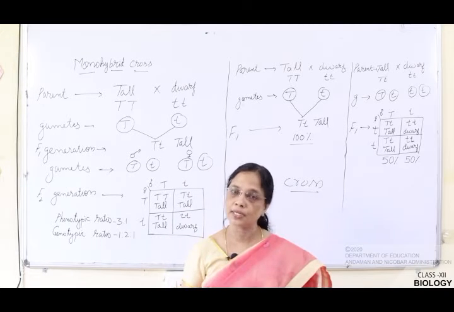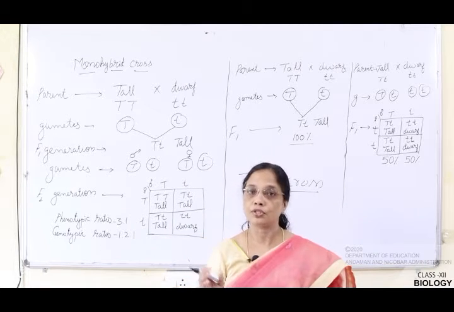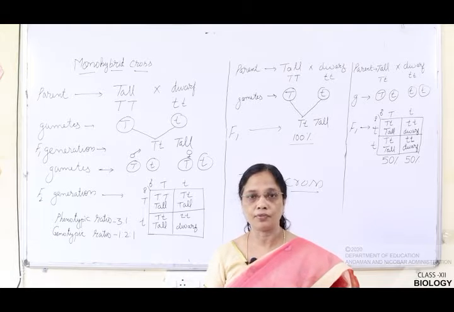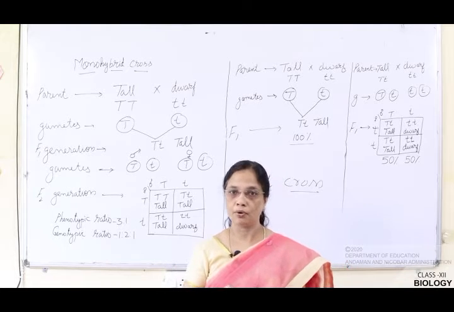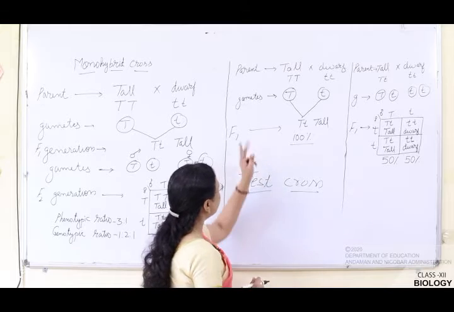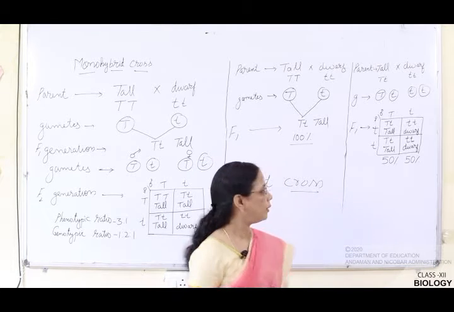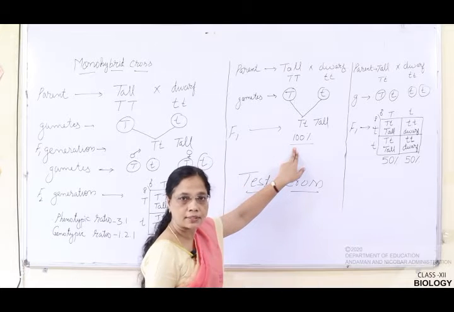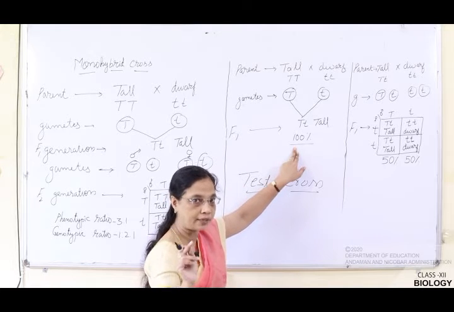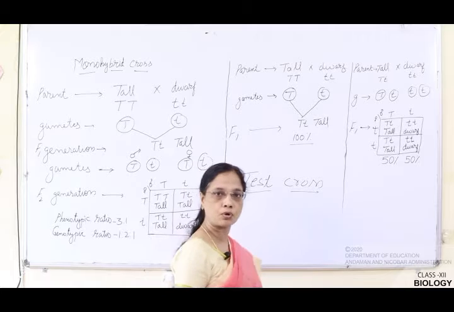What is a test cross? A test cross is done in order to find out the genotype of the unknown dominant. How is it done? It is done by crossing the unknown dominant with the recessive trait. If all the progeny show only one trait, we can say that the parent is homozygous.